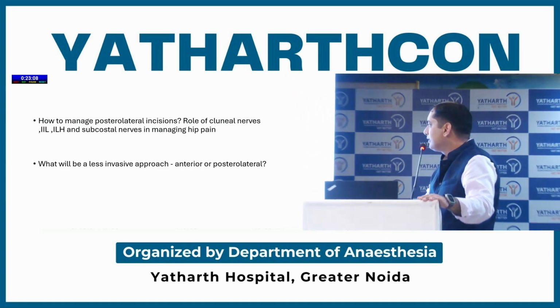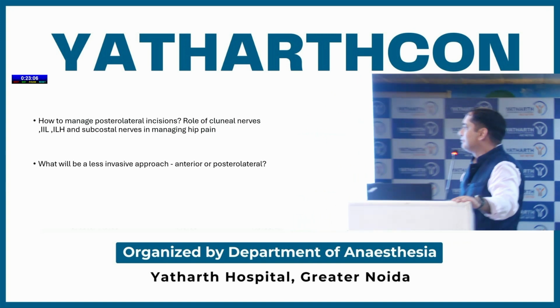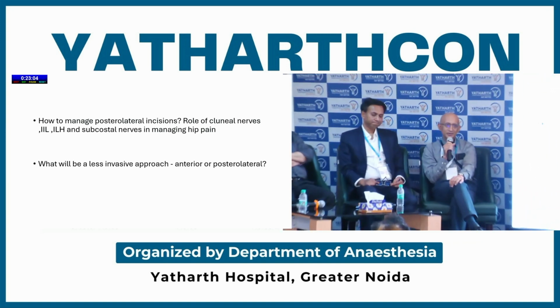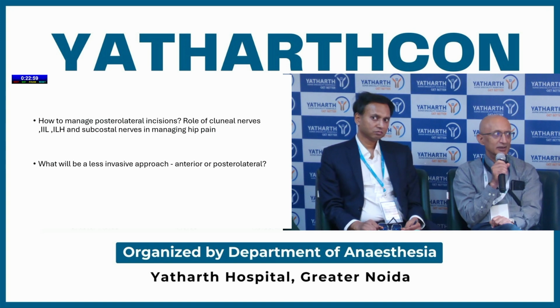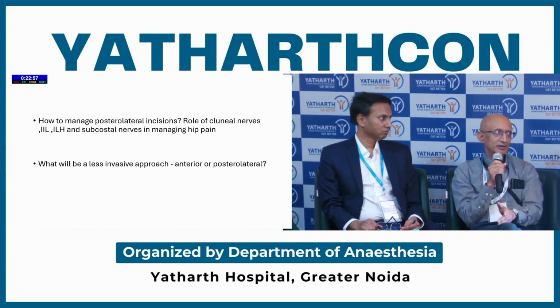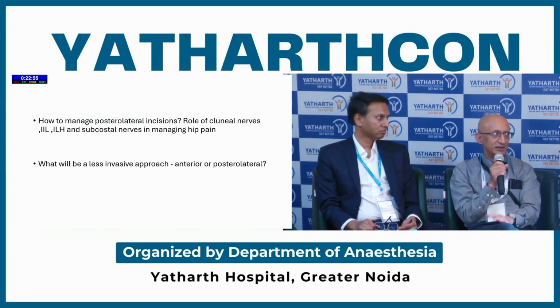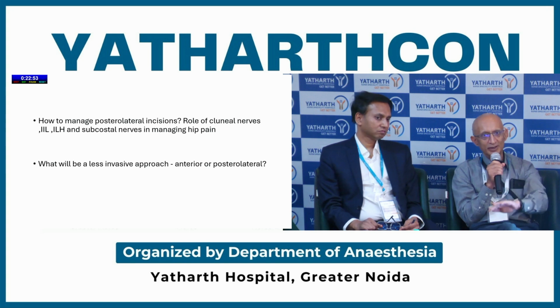How much clonidine? We use 15 micrograms in a healthy patient, or 7.5 in a very frail patient. Anything more than that, we started with 30 mics, but then we used to have more hypotension and more bradycardia. With 15 and 7.5, these are not issues because we also run dexmedetomidine intravenously.